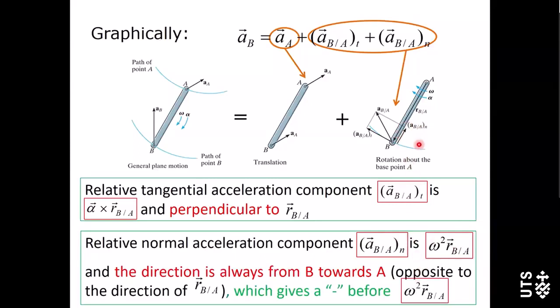Because the direction of this normal component is always opposite to the direction of vector RBA, before this item omega square RBA we always have a negative sign.